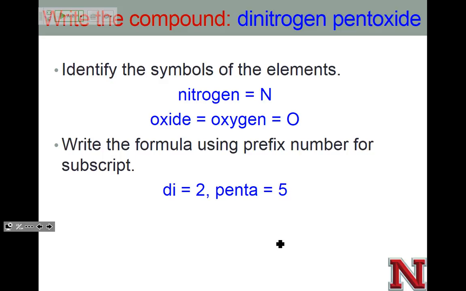That tells us 2 and 5. And also notice that the A was dropped because oxygen starts with a vowel. So it's not pentaoxide, it's pentoxide. So what we have is N2O5. And when we're talking about having only 2 elements in our molecule, we still draw our most metallic over.